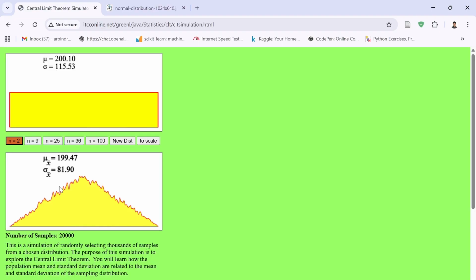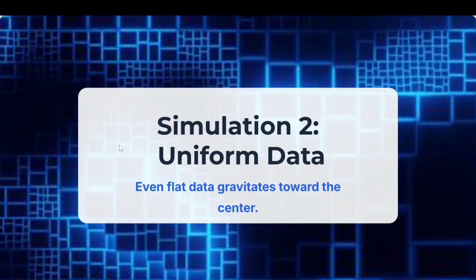It is also almost uniformly spread out from left to right. But if we go on increasing the number of samples, it goes on to become a normal distribution. So this is what the central limit theorem wants to say, and we have seen that it works with multiple distributions.